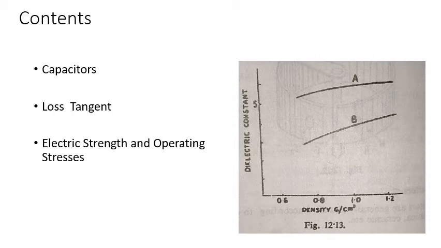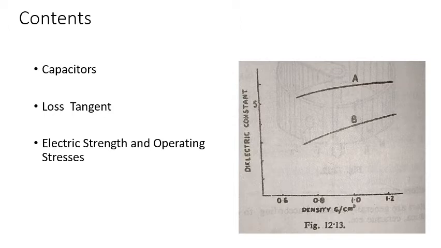That's why these are known as impregnated paper capacitors. Now the second one is the metallized paper dielectric type. In metallized paper dielectric capacitors, voids are there between the paper and insulation, and that's why in this type of capacitor one side of the paper is metallized before rolling.